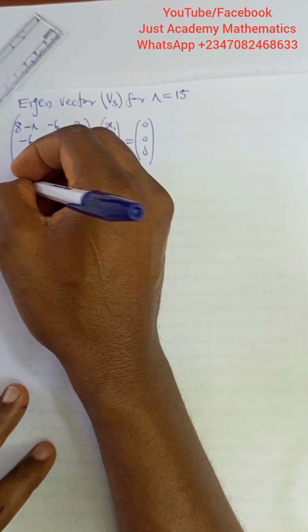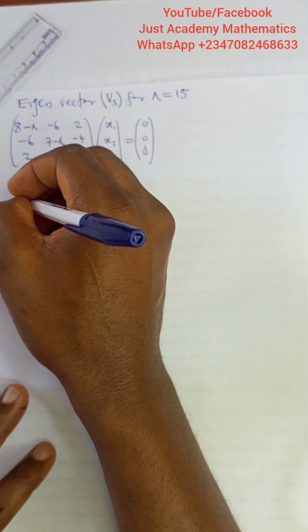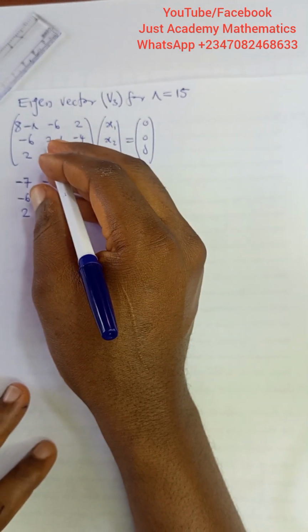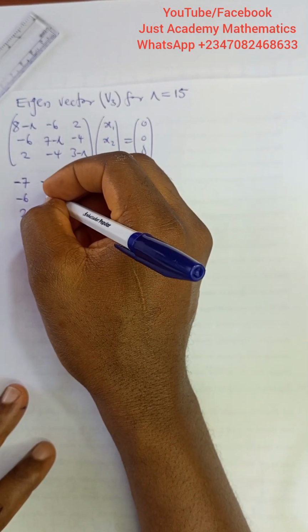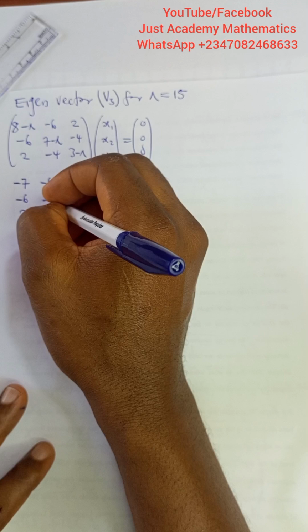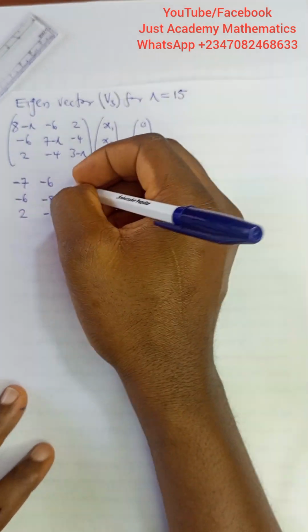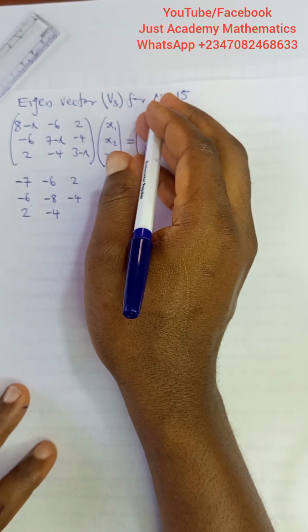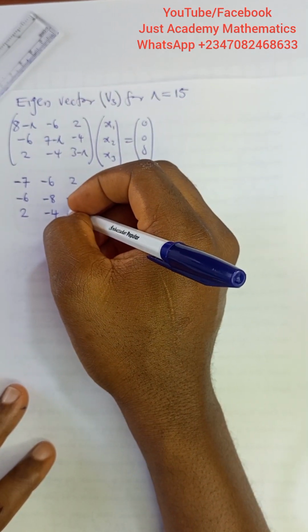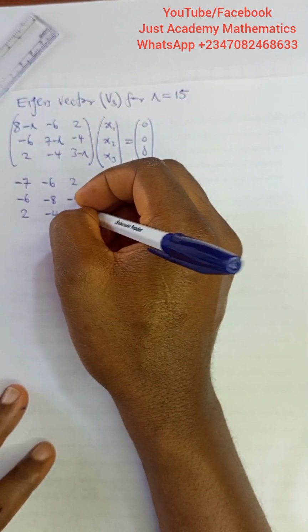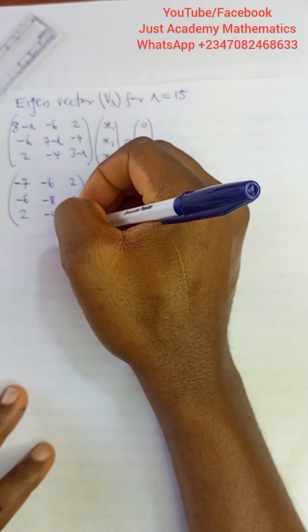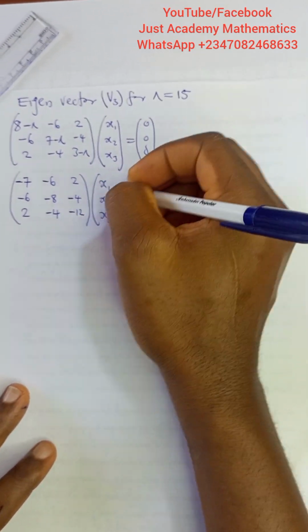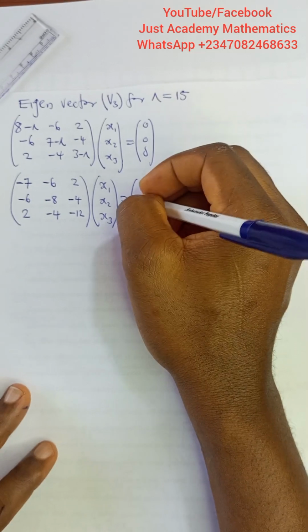So here is minus 7, minus 6, 2; minus 6. 7 minus 15 will give us what? Minus 8, minus 4; 2, minus 4, then 3 minus 15 will give us what? Minus 12. Times x1, x2, x3 is equal to 0, 0, 0.